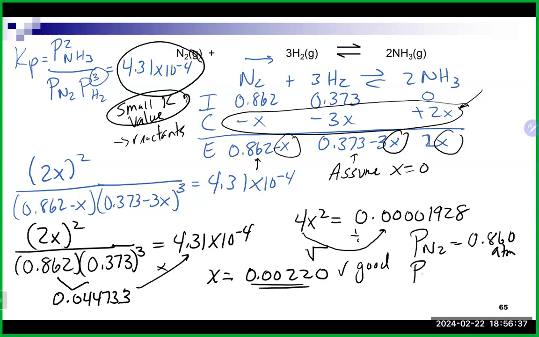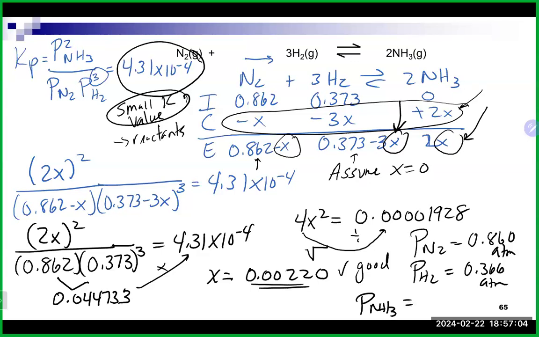For our partial pressure of our H2, again, we will put it back into here. 0.373 minus 3 times 0.0022. Going to give us 0.366 atmospheres.